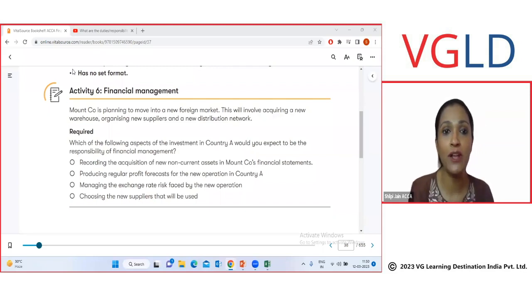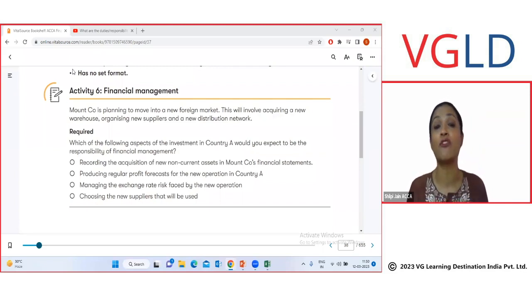What you will be required to do as one of your key KRAs would be to manage the exchange rate risk which the new operation is going to face, right?